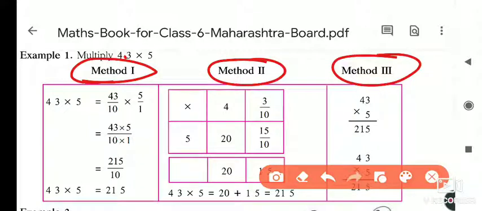In the first method, what they had done, 4.3 into 5. Now we will see the first method. So what is our question? Our question is 4.3 into 5.